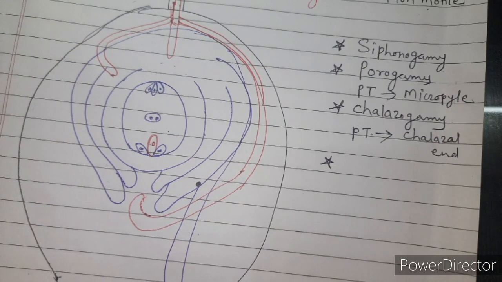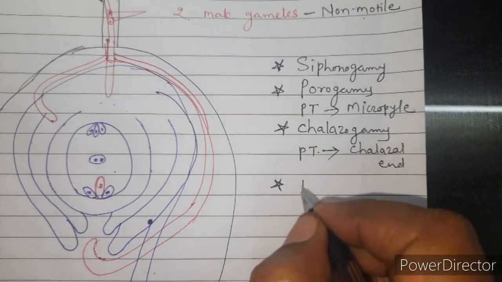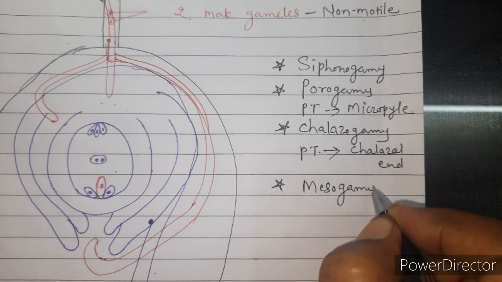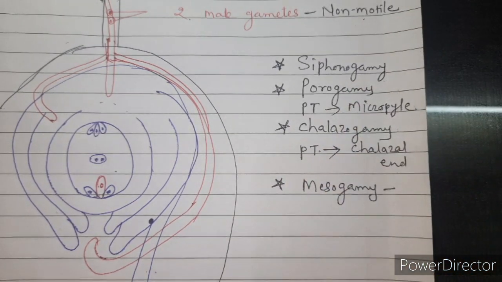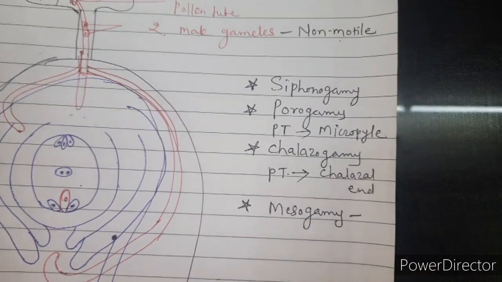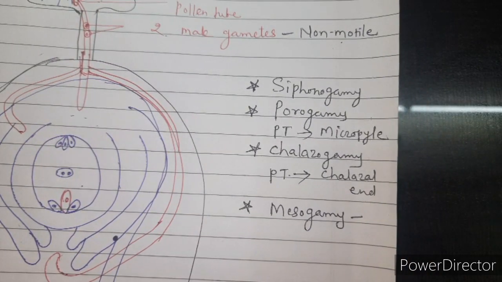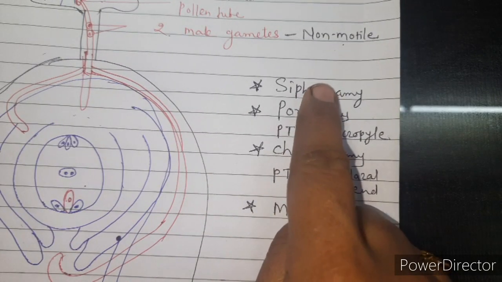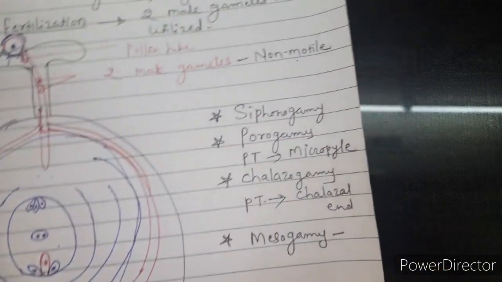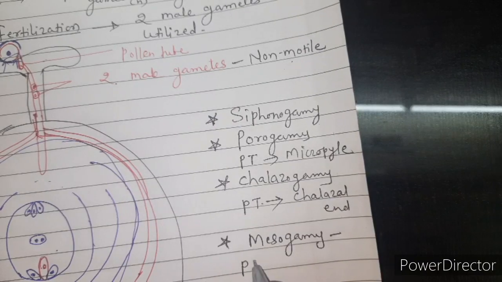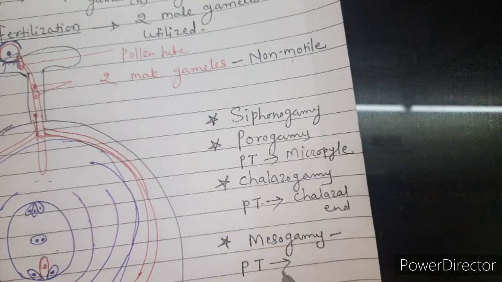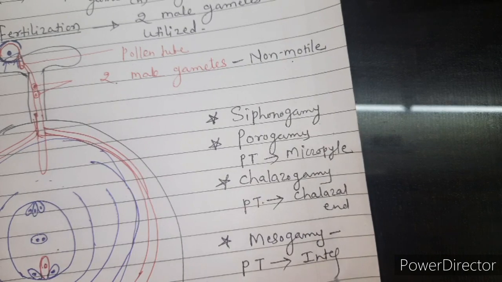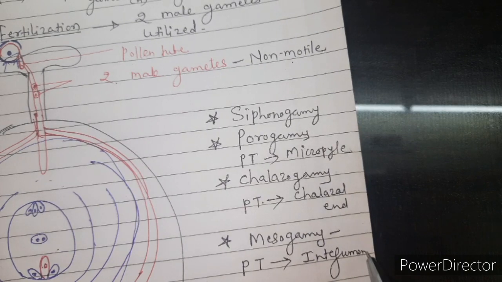Such a process is called mesogamy. So, remember these words. When there is a LAQ on this topic, describe the double fertilization, you must write these points in the description. So, mesogamy means entry of the pollen tube through the integuments.